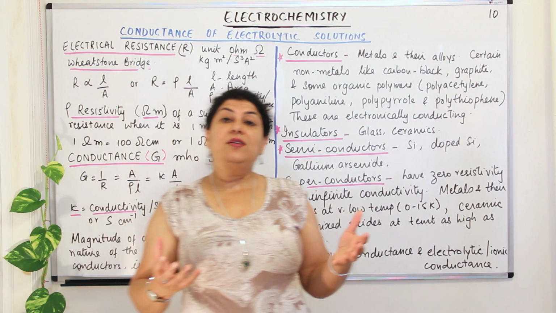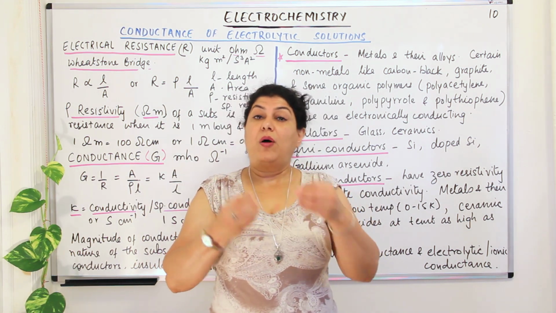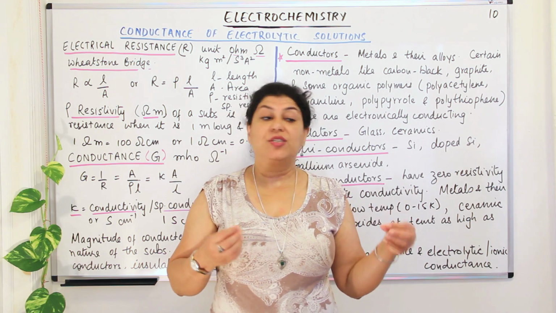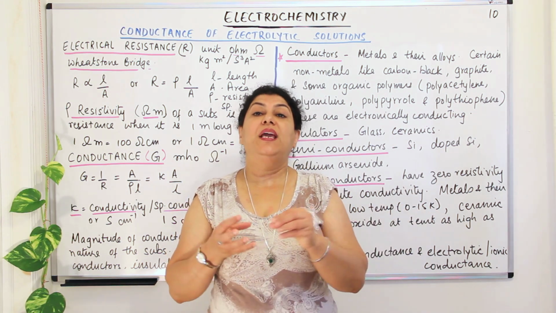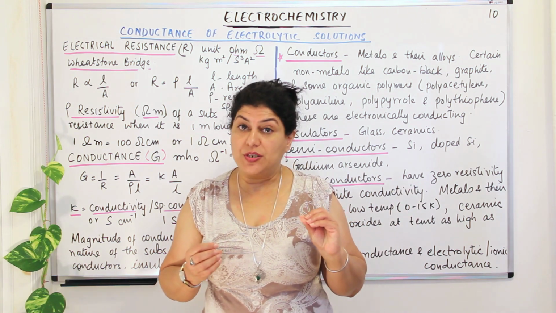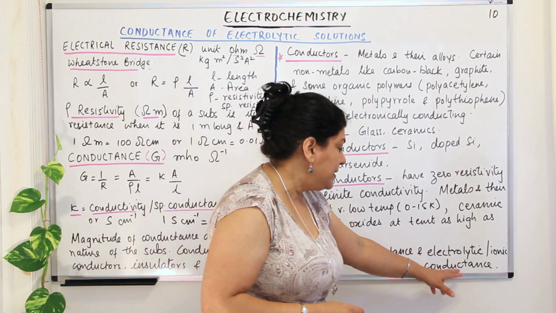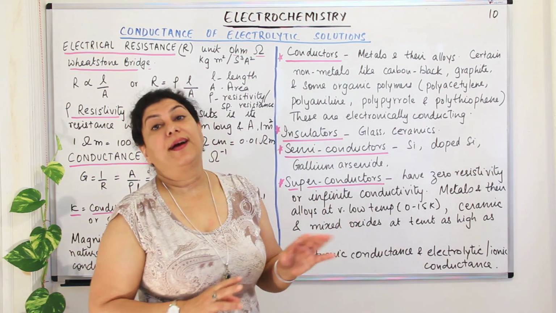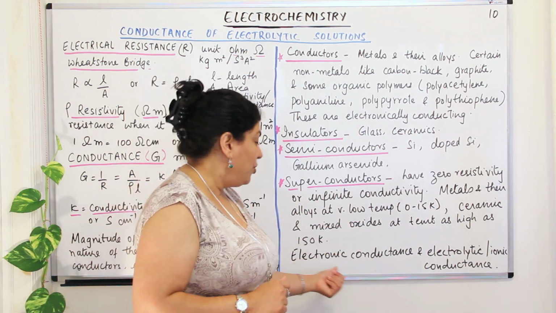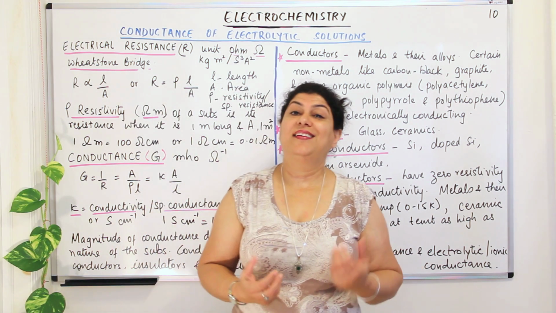But in the case of electrolytic solutions, the ions carry the electric charges, and these moving ions cause the carriage of electric current. So in them we say the conductance is electrolytic or ionic conductance. It is not electronic conductance.